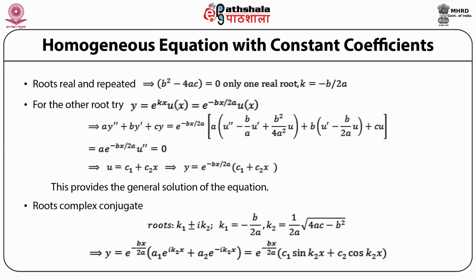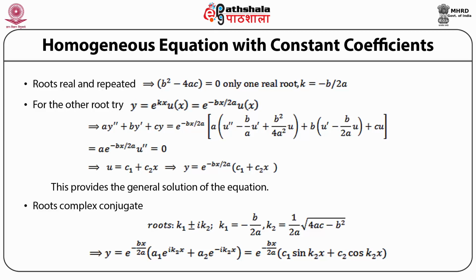The general solution is therefore y is equal to e raised to power minus bx by 2a multiplied by a1 e raised to power i k2x plus a2 e raised to power minus i k2x.